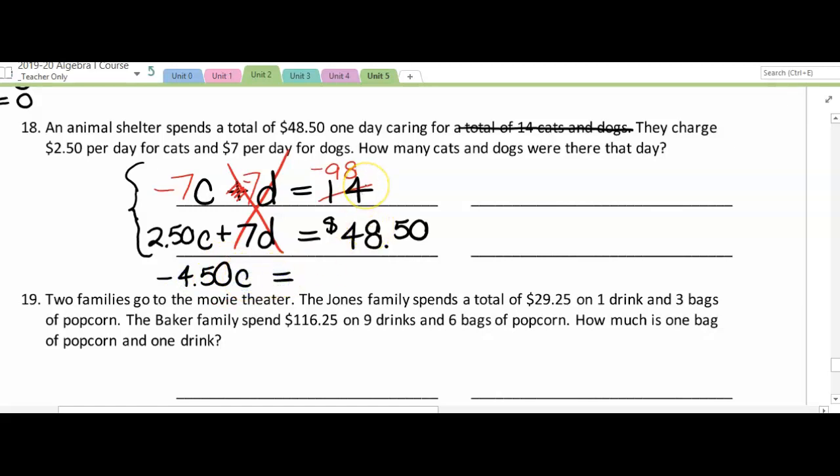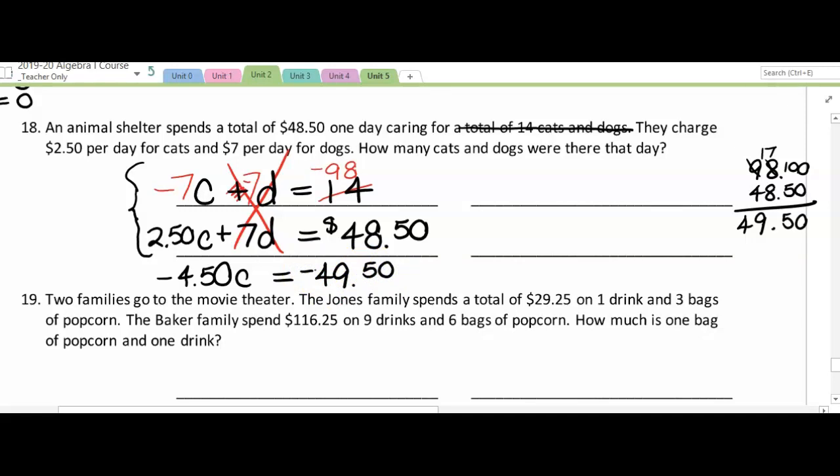Over here, if I take 98 and subtract 48.50, I get 49.50, -49.50 because the 98 was negative.